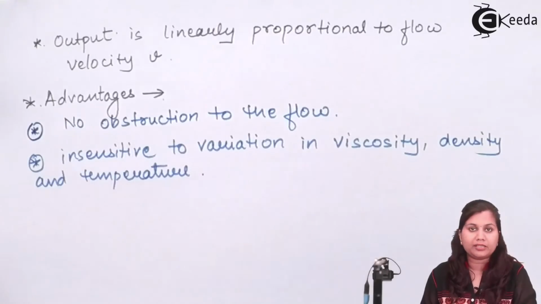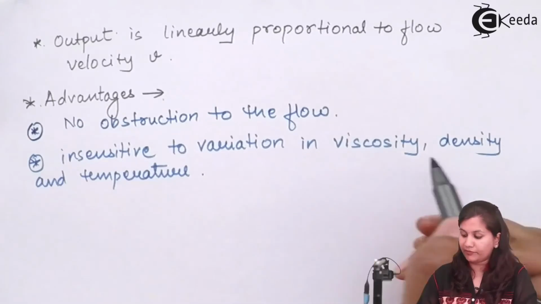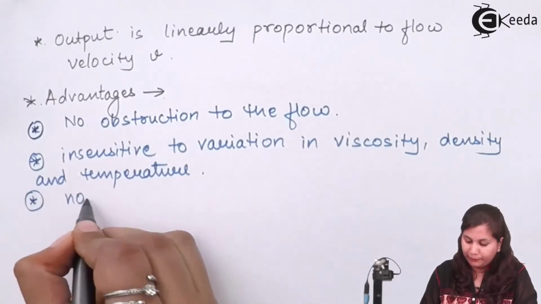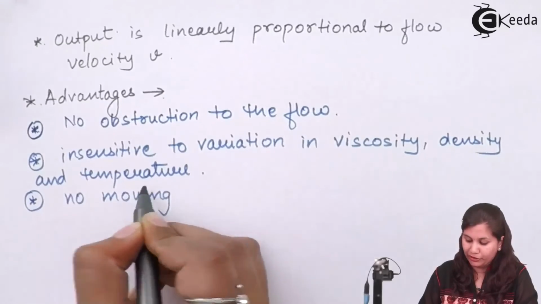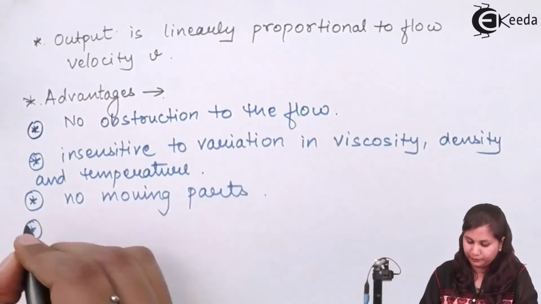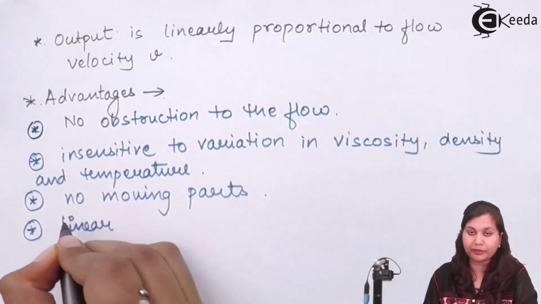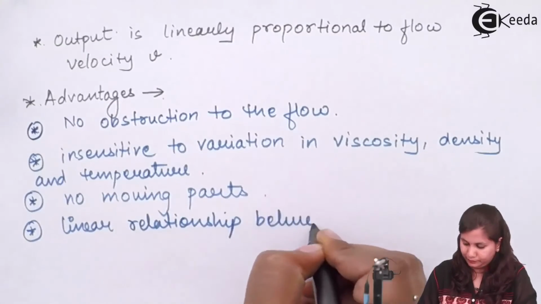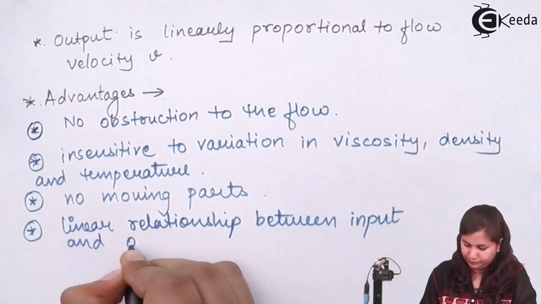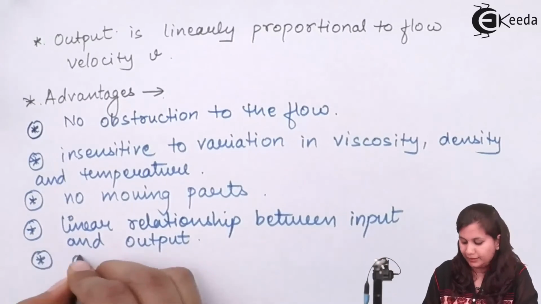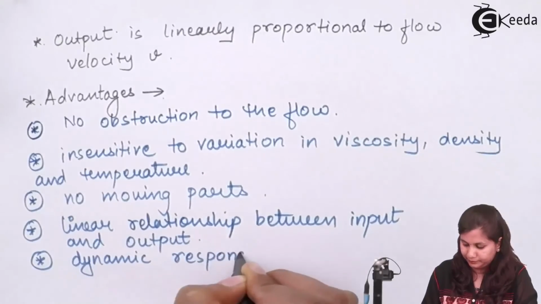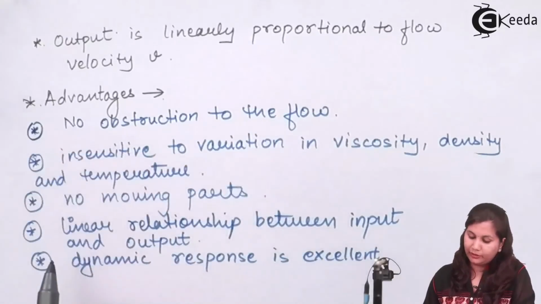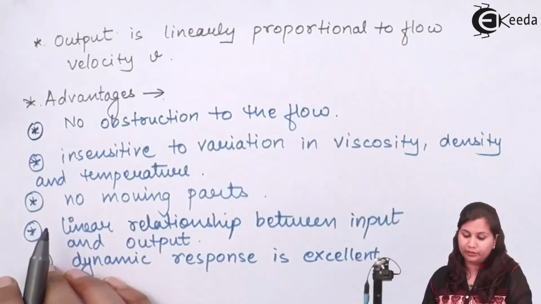the ultrasonic flow meters are insensitive to the variations in the viscosity, density and the temperature. There are no moving parts involved, so there is no problem of friction. Also, there is a linear relationship between the input and the output. So these are the advantages of the ultrasonic flow meters.